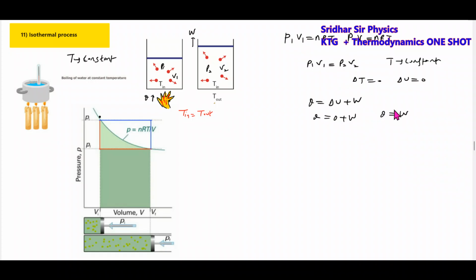Any amount of heat will convert into mechanical work, and any amount of mechanical work will convert into heat. Then the area under the curve should be equal to the heat absorbed. So in isothermal expansion, the work done equals the integral of P dV from V initial to V final, with P equal to nRT by V.